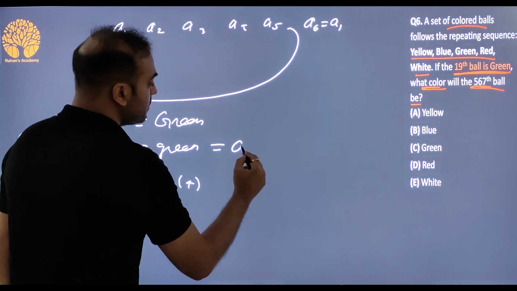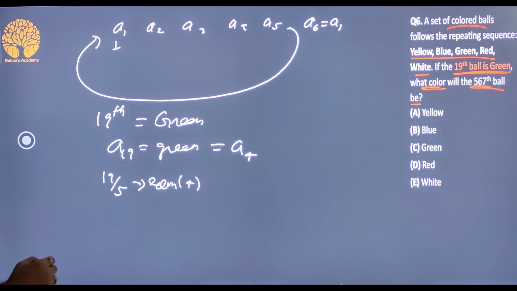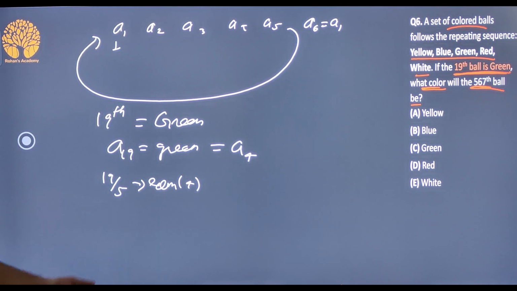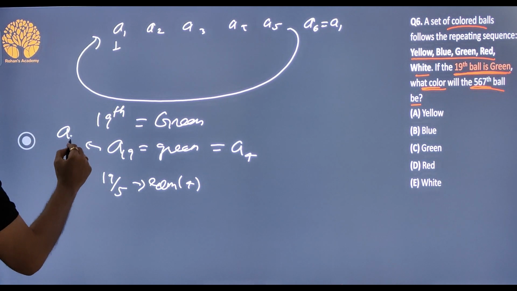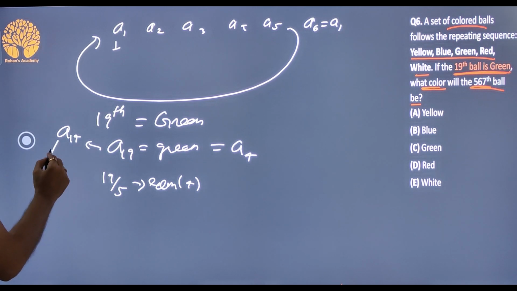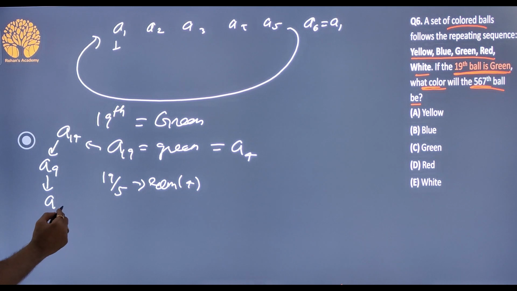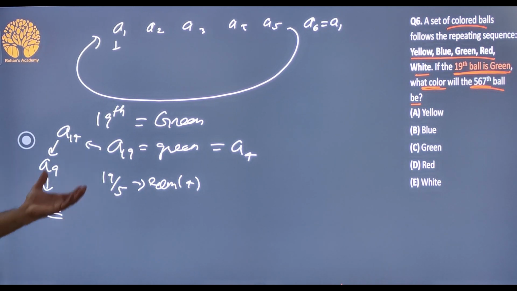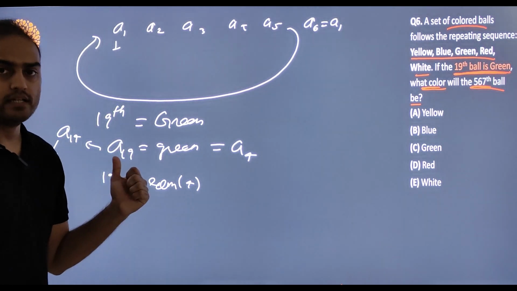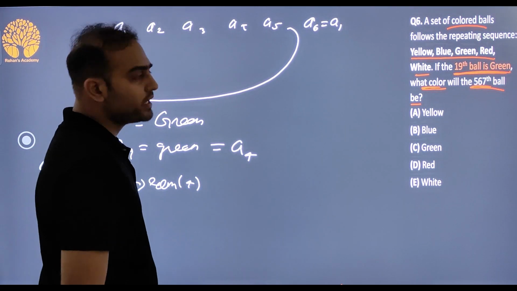That means the fourth ball has to be green. How do I get it? If A19 is green, 5 before it, A14 will be green, 5 before it, A9 will be green, 5 before it, A4 will be green. So if A19 is green, A4 is also green.